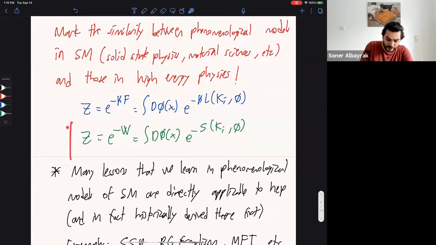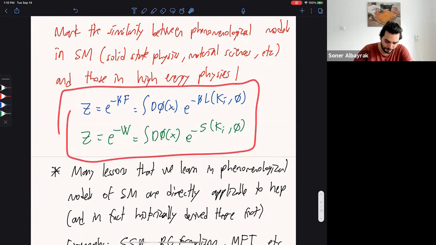Now in high energy theory, we instead use this, where Z is the vacuum generating function and W is the generator of all connected Green's functions. Again, we have a path integral, and the exponent is now the action, which we obtain from the Lagrangian. So they basically have the same mathematical formula.